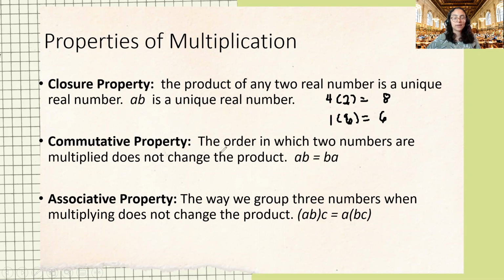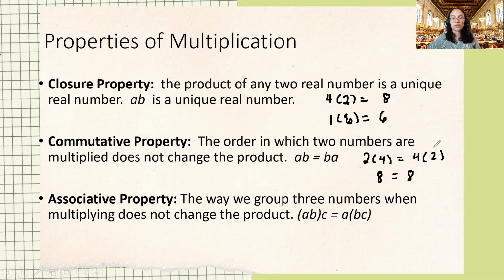For the commutative property, it states that the order in which we multiply two numbers does not change the final answer. So if I were to tell you to multiply 2 times 4, and someone else were to tell you to multiply 4 times 2, on the left-hand side, 2 times 4 is going to give me 8, and on the right-hand side, 4 times 2 will also give me 8. So the order didn't matter.